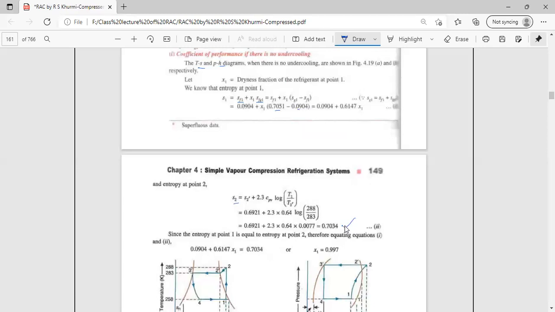Since the entropy at the point 1 is equal to that at the point 2, S1 is equal to S2 itself. So we can set 0.734 equal to this portion of the earlier equation, and thus we get the dryness fraction, the amount of vapor present, as almost 99.7%. Almost all of it is vaporized at the point 1 itself.